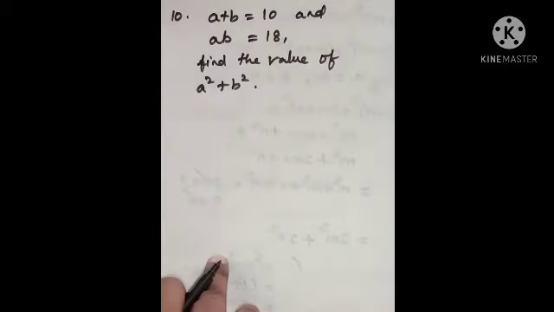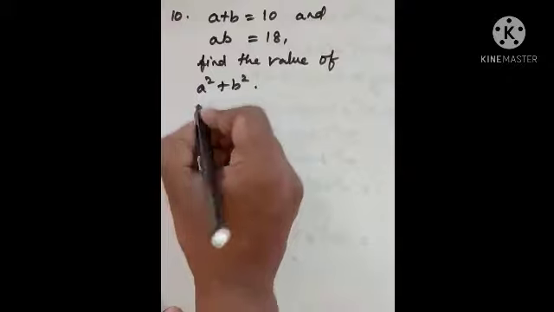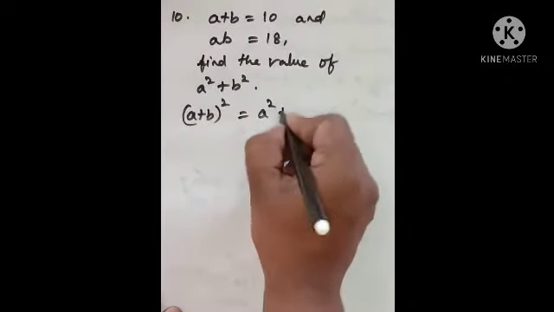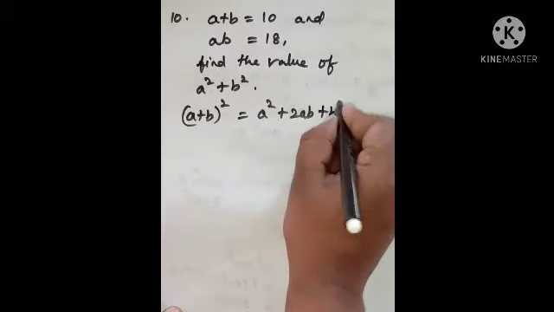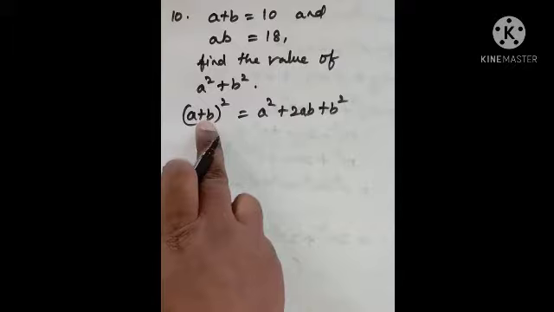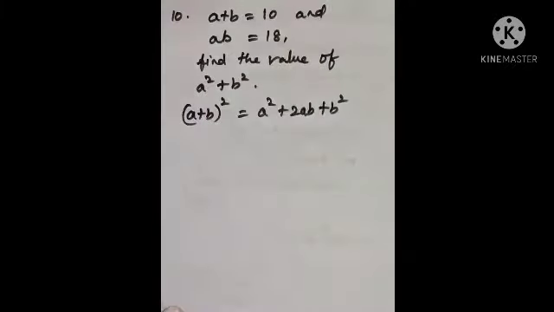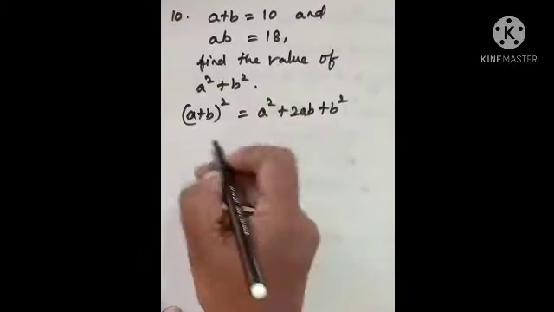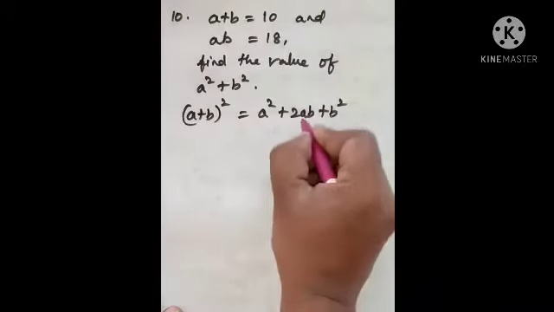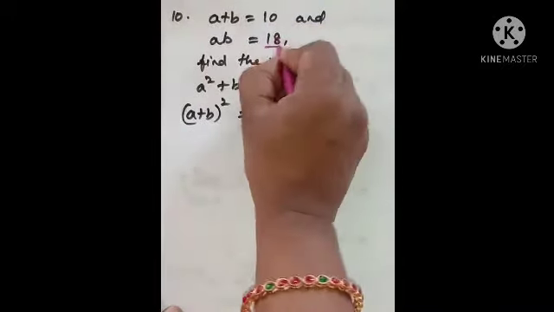So children, here we can use the identity (a plus b) whole square is equal to a square plus 2ab plus b square. Because here we can substitute the value of a plus b as 10, and for ab we can substitute 18.